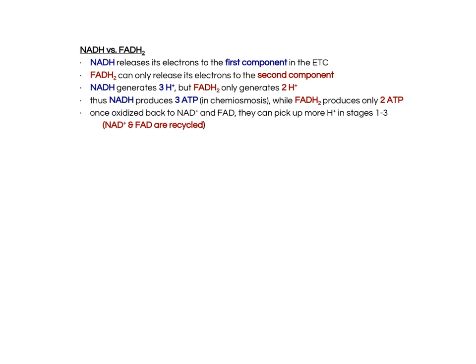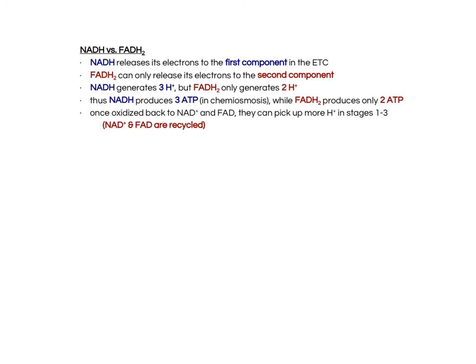So in other words, it's recycled. And so again, when FADH2 enters the second stage of the electron transport chain, it's converted back to FAD and then can go back and be recycled again during the Krebs cycle.